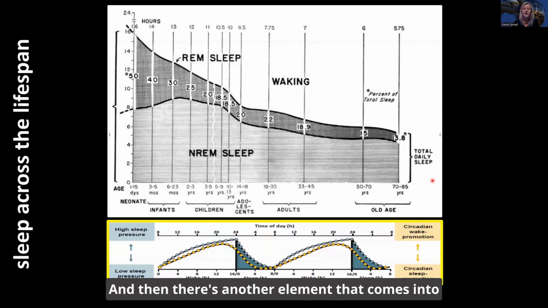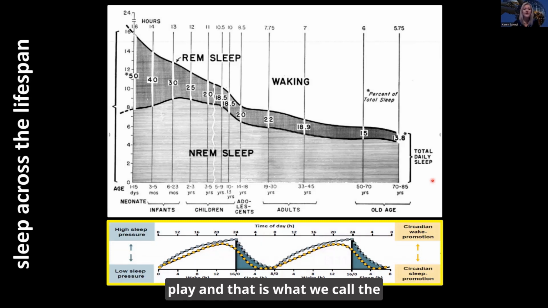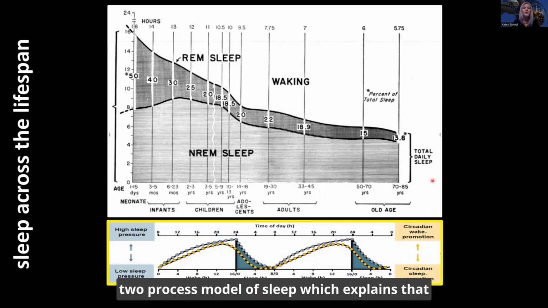Then there's another element that comes into play, what we call the two-process model of sleep, which explains that throughout the day, the sleep pressure will increase. So the homeostatic drive, the need to sleep, will increase.